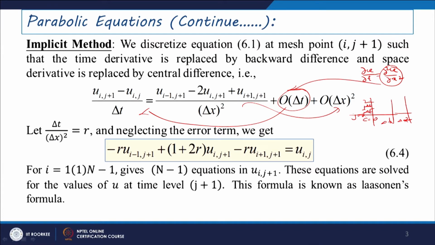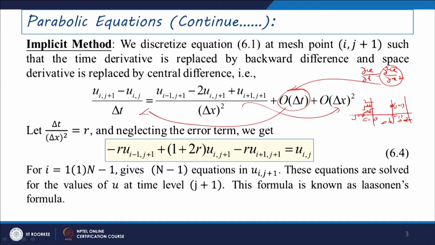So, if we consider the space direction at the I, jth level, then we consider the j plus 1th level for time, and we do this calculation at the next time level, or at t plus del t. If we start at t equals 0, then t1 equals t0 plus del t, that is nothing but del t.